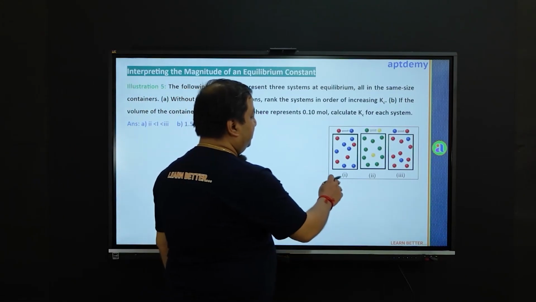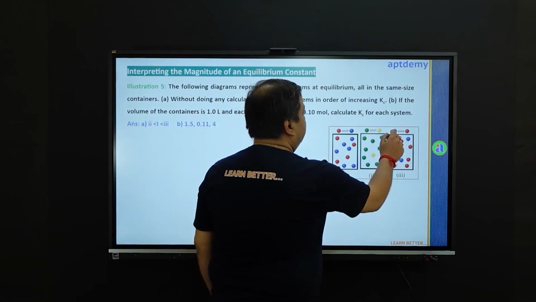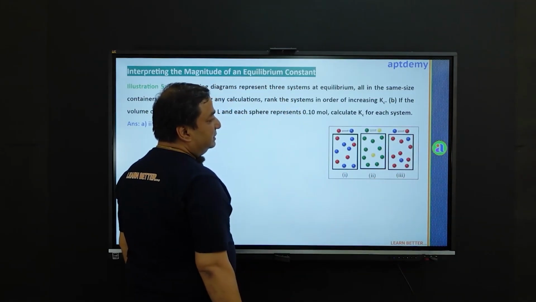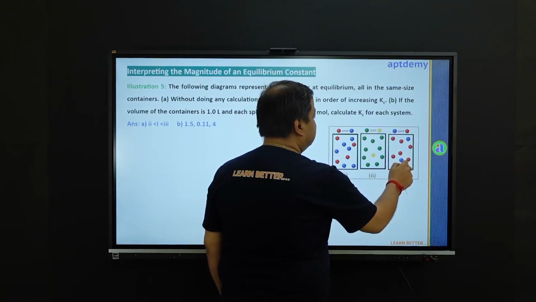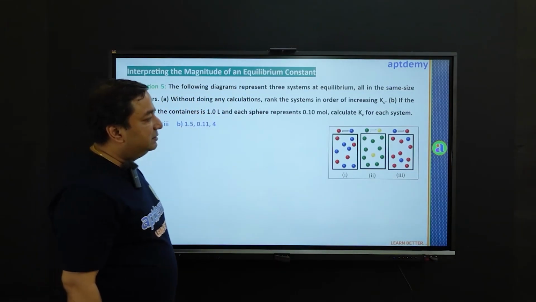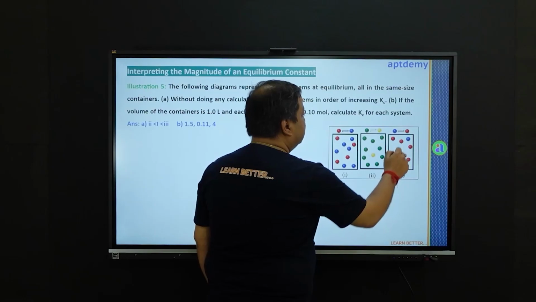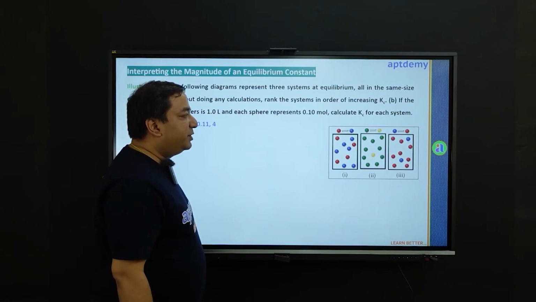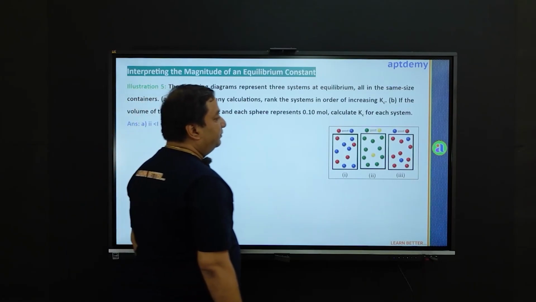Taking boxes 1, 2 and 3, the reactant here is blue and the product is red. Counting the red spheres, we see 1, 2, 3, 4, 5, 6, 7 and 8. Eight such red spheres are there, and those are the products, whereas the blue spheres are the reactants. So it is 8 products and 2 reactants in the equilibrium mixture.